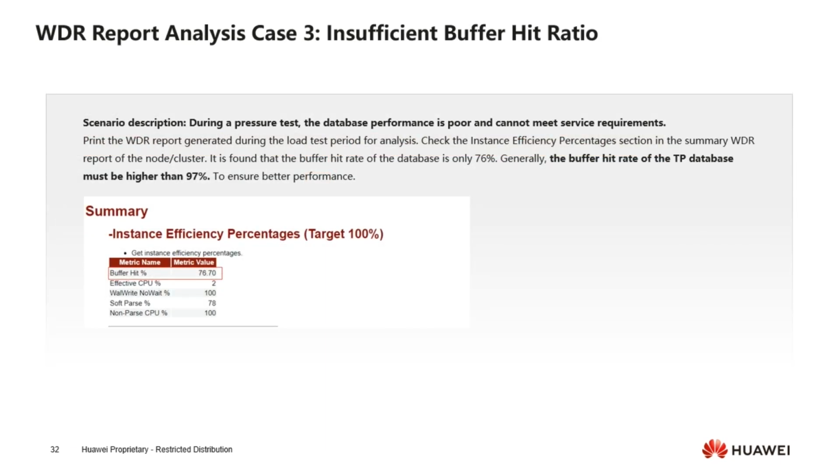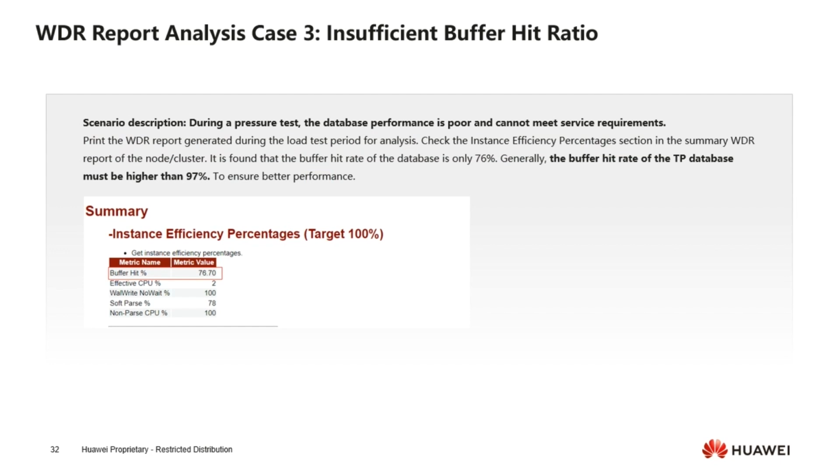Okay, let's look at an example about the buffer hit rate. The scenario we come across again is that database performance fails to meet the requirement. We generated a WDR report by selecting snapshots during the load test. And this time, we check the Instance Efficiency Percentages section, which is also some sort of brief summary that we recommend browsing for common problems.